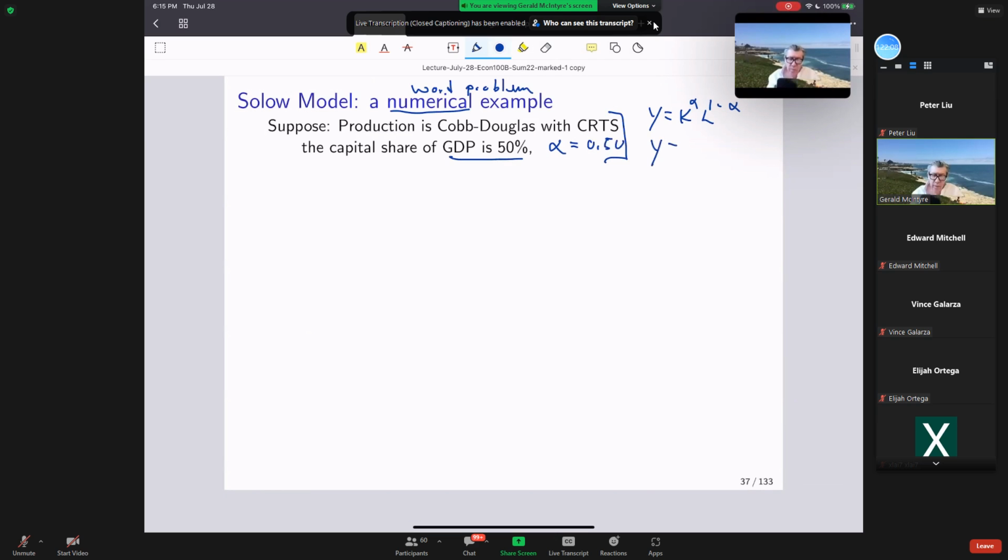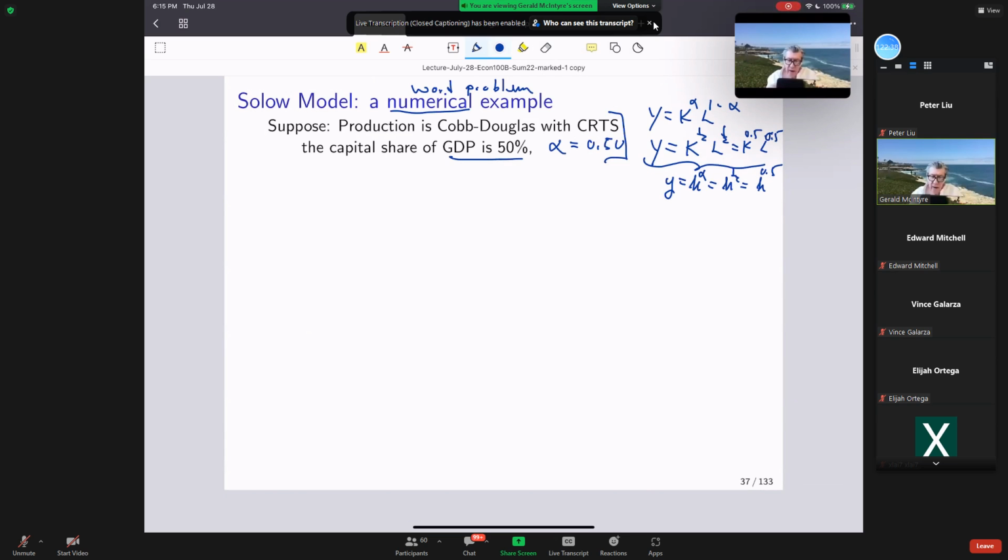And so the production function becomes K to the 1/2, L to the 1/2, or K to the 0.5, L to the 0.5. And we know from this that the intensive form of the production function will be small k to the alpha, which is small k to the 1/2, or small k to the 0.5.